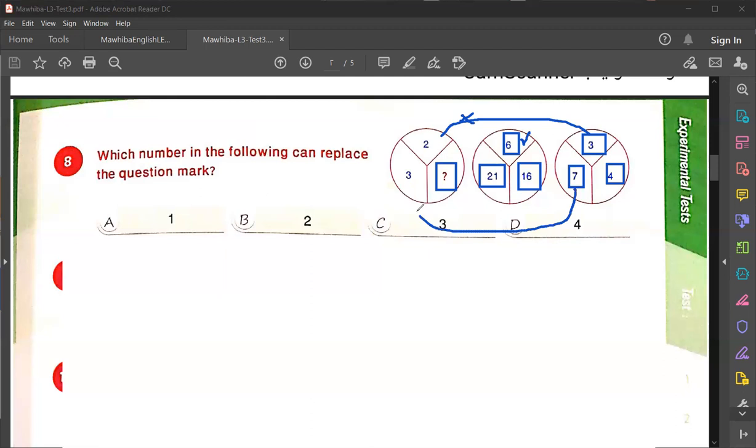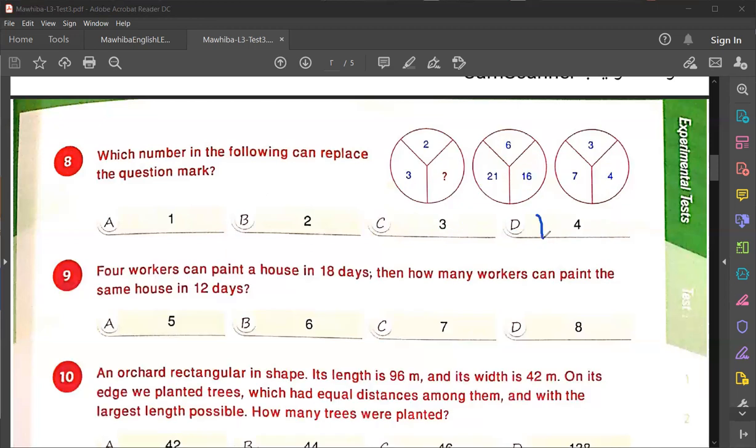And 7 times 3 is what? 21, right? And 4 times what to get 16? It is 4, right? So the answer is D.